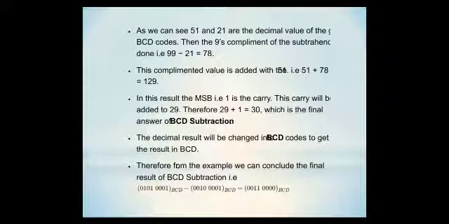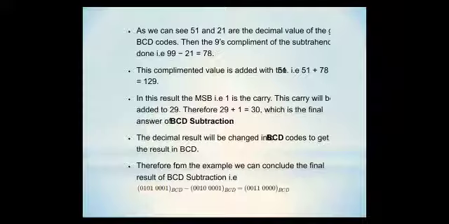This complemented value is added with 51, that is 51 plus 78, which is nothing but 129. In this result, the MSB, that is 1, is the carry. This carry will be added to 29, therefore 29 plus 1 is 30, which is the final answer of BCD subtraction. The decimal result will be changed into BCD code to get the result in BCD.